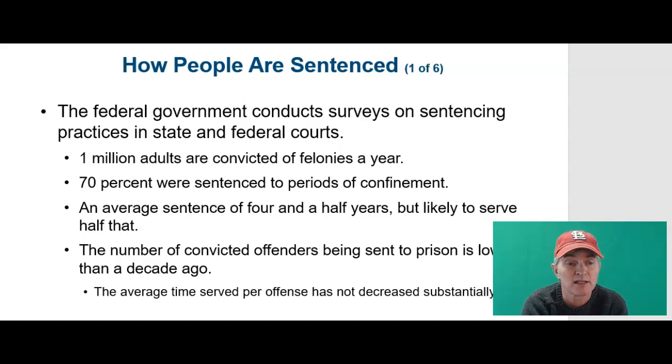Felons sentenced to state prison ultimately had an average sentence of 4.5 years, but were likely to only serve half of that. About 1/3 of all sentenced offenders are typically expected to pay a fine, pay victim restitution, receive treatment, perform community service, or comply with some other additional penalty.